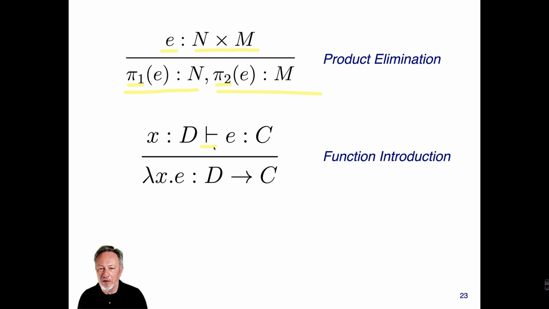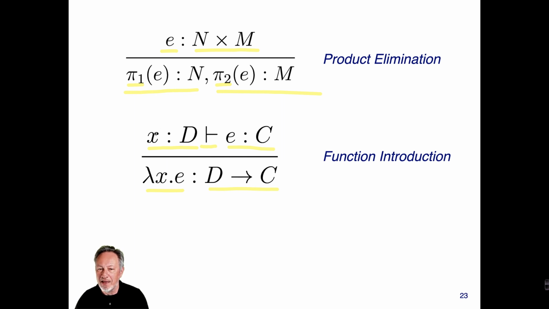It allows us to introduce an implication in the precondition. So if, given some variable x of type d, we can conclude that e is of type c, then lambda x dot e is going to be of type d arrow c.